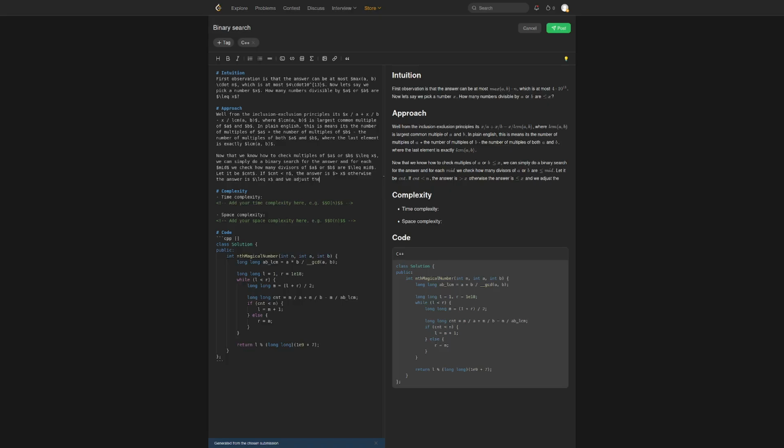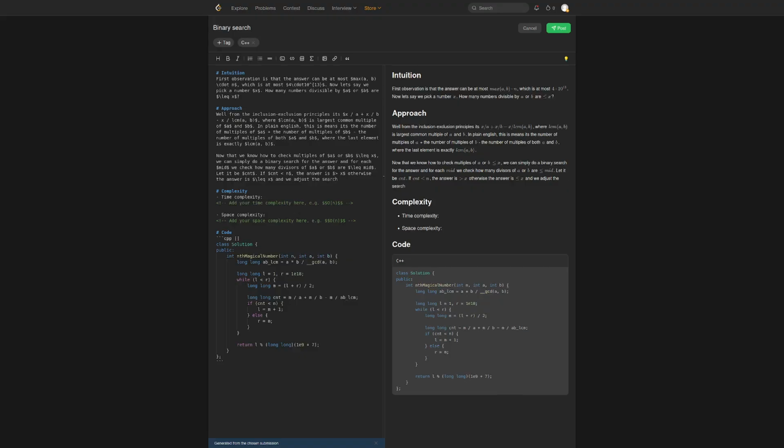We adjust the search interval accordingly.